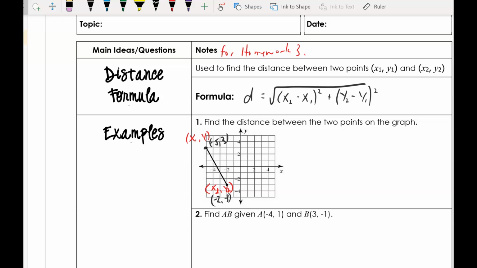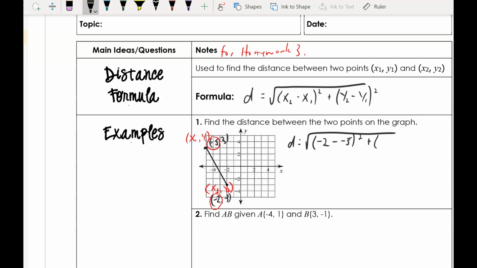So d equals the square root, and it says x2 minus x1. If this is what I called x2, and this is what I called x1, I'm just going to subtract them. So I have negative 2 minus negative 5 squared.